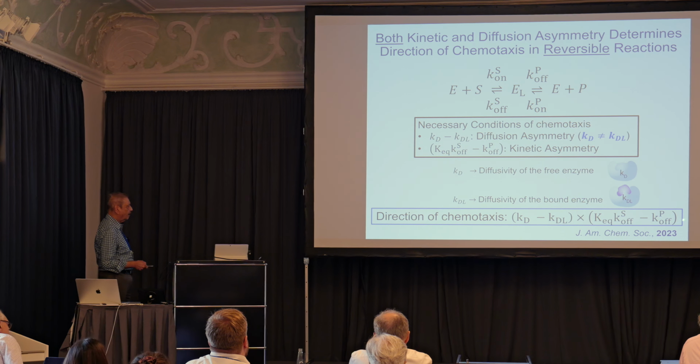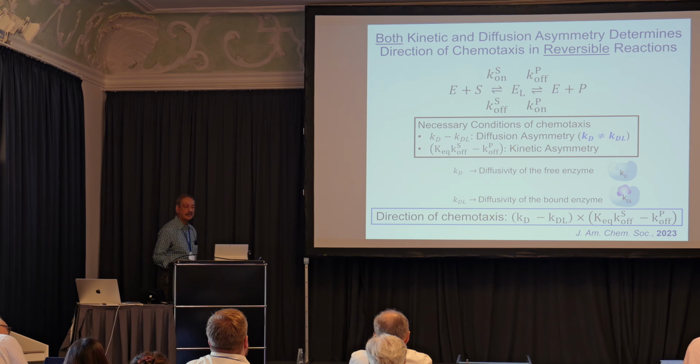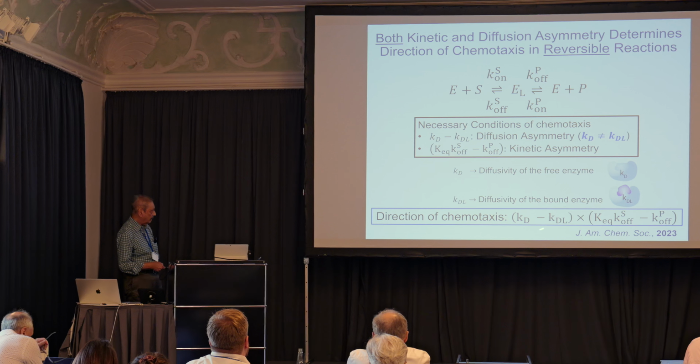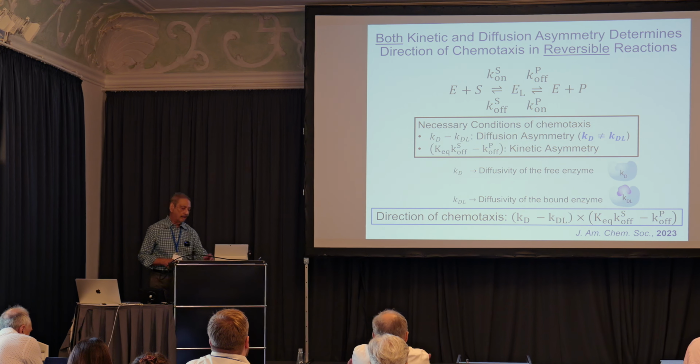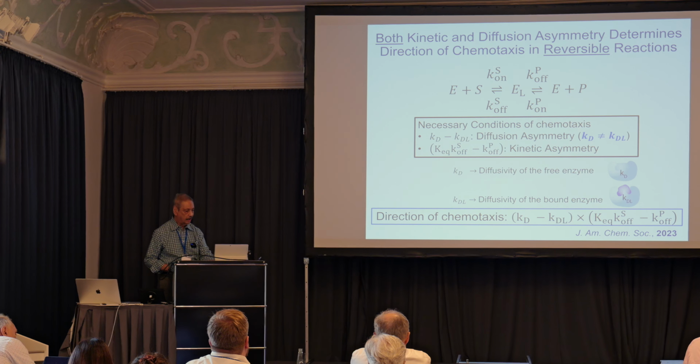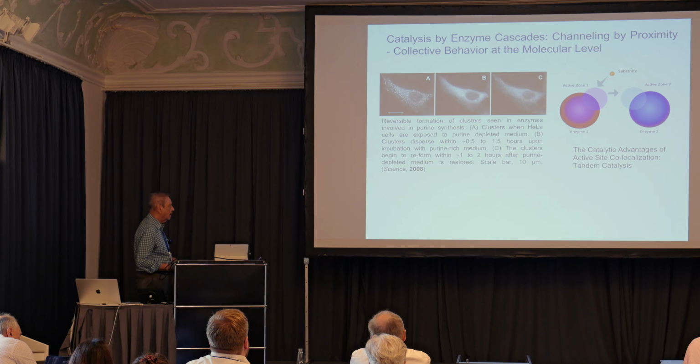And if either one of them is 0, there is no chemotaxis. Then the direction depends on the relative weight of each of these and the relative sign. So I won't go through the whole derivation here. So is this relevant?